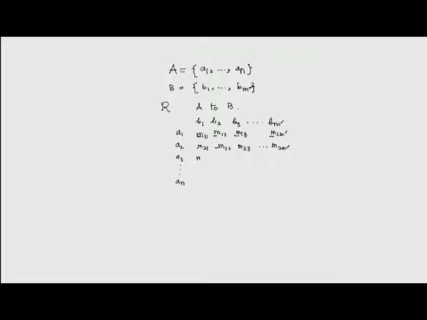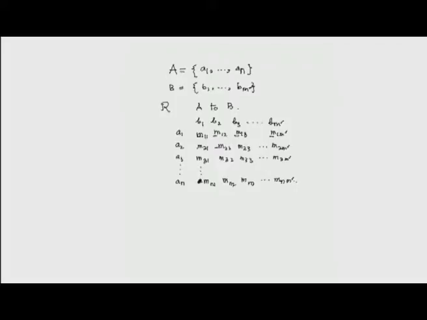The next row we have M31, M32, M33 up to M3 m dash, and then Mn1, Mn2, Mn3 and so on up to Mn m dash.